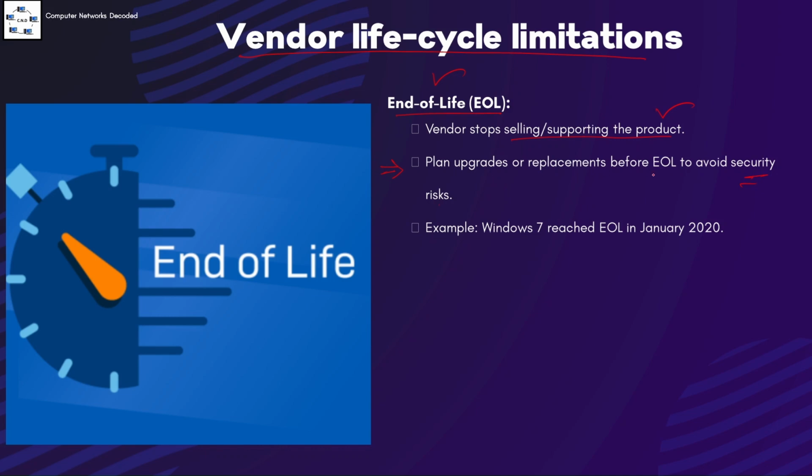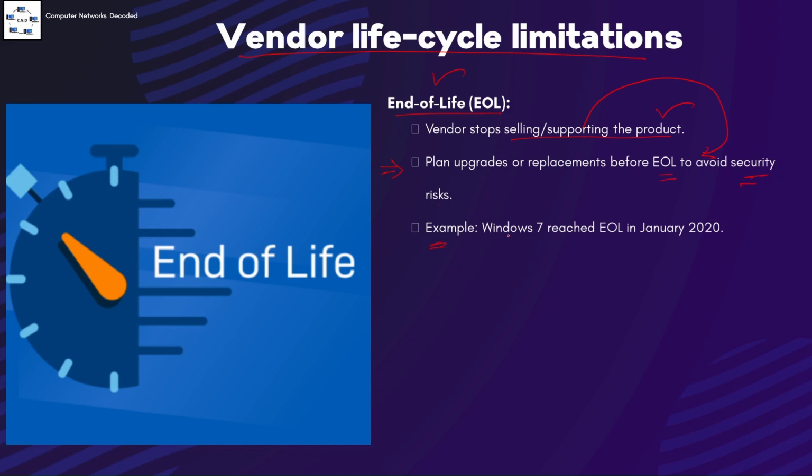What is the security risk with an EOL device? Since we said that the vendor no longer supports these devices, it means that the vendor will no longer release security patches for these devices. Therefore, beyond EOL, these devices are vulnerable and have security risks.